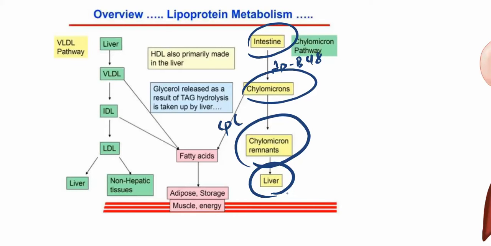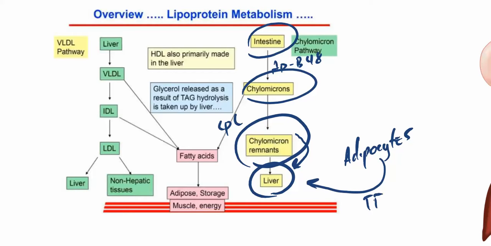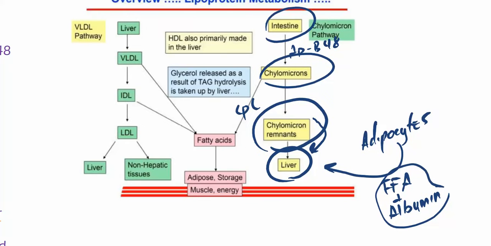Now we said that the liver is going to be receiving fat from the chylomicron and from adipocytes, in the form of free fatty acids bound to albumin, right? So once the liver receives the fat content from these two sources, it produces the VLDL, which we see here.